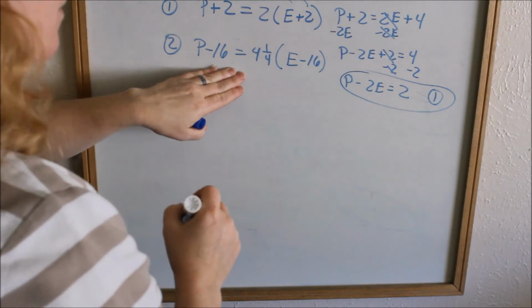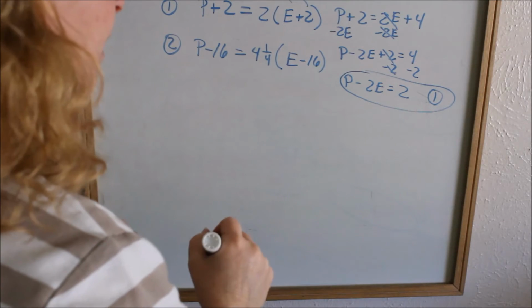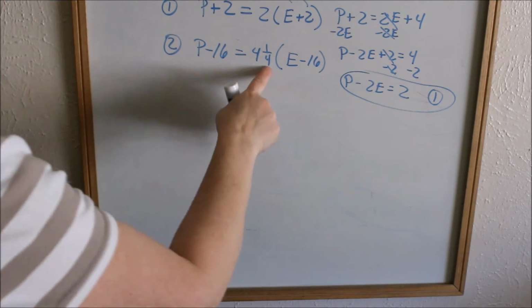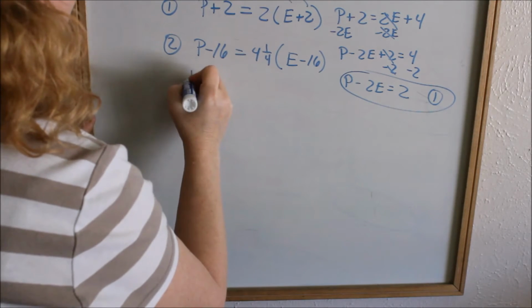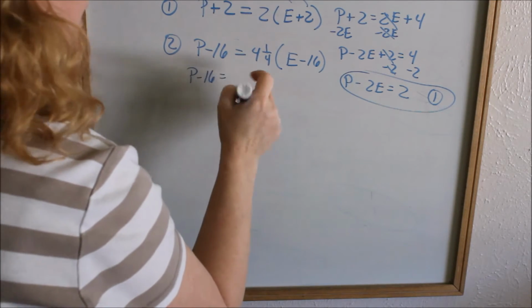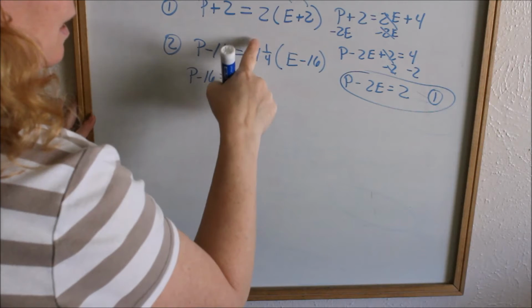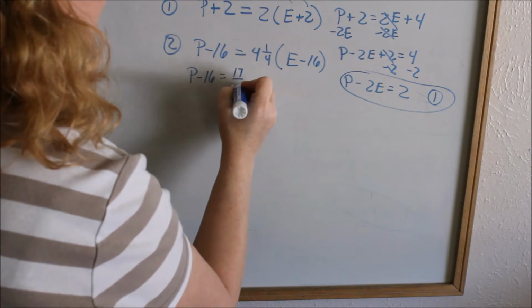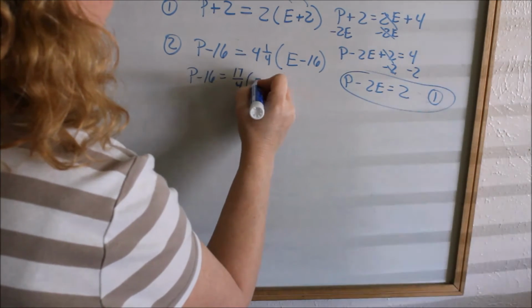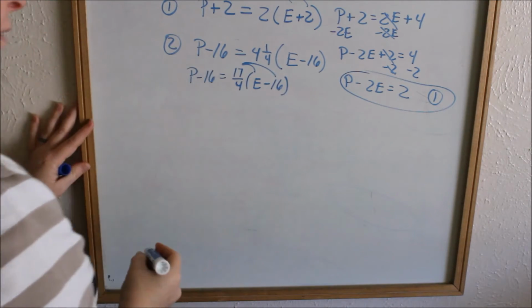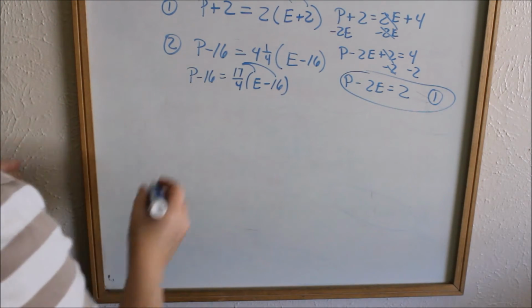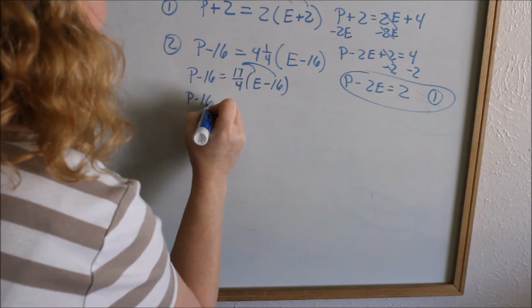Now I'm going to get this in the form of P's and E's on one side and whole numbers on the other side. The first thing I'm going to do is change that into an improper fraction. So I have P minus 16 equals 4 times 4 is 16 plus 1, 17 fourths, E minus 16. Then I'm going to distribute that so I can get rid of my parentheses. So P minus 16.